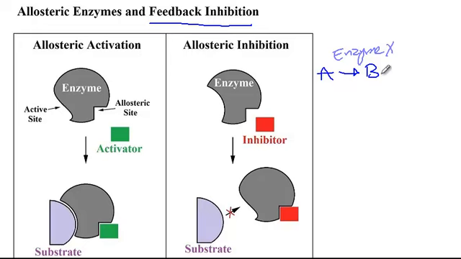So what happens when we have accumulation of the products? Sometimes for certain enzymes, these products can act as allosteric inhibitors and bind to the enzyme that has formed them and inhibit it. So one mechanism of not letting too much product be formed is feedback inhibition, where the product of an enzyme acts as an allosteric inhibitor for that enzyme.